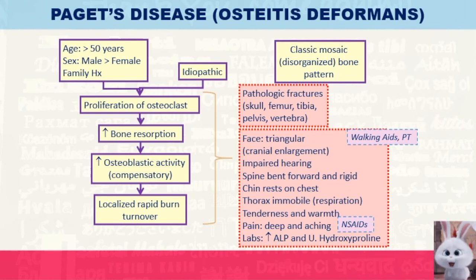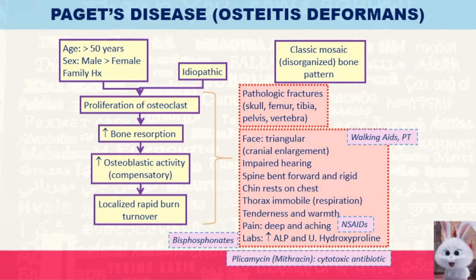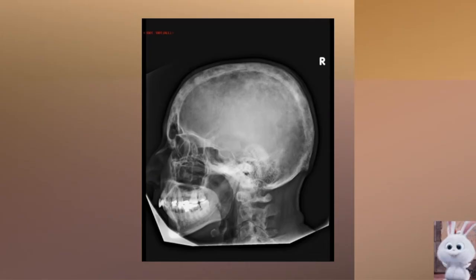Once your patient is at risk for pathologic fractures, you have walking aids and physical therapy. Then bisphosphonates are given for this patient. Then we have plicamycin or mithramycin, a cytotoxic antibiotic, which is shown to have some benefit in Paget's disease.